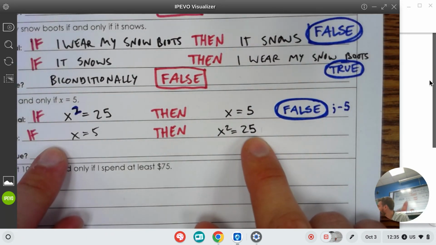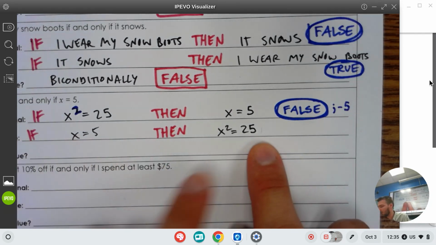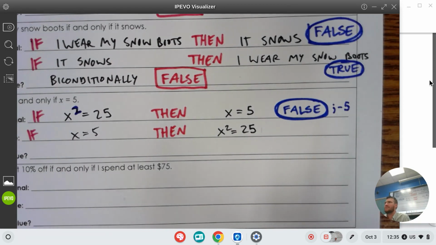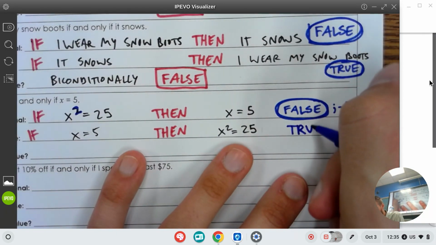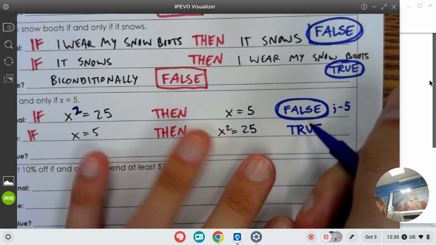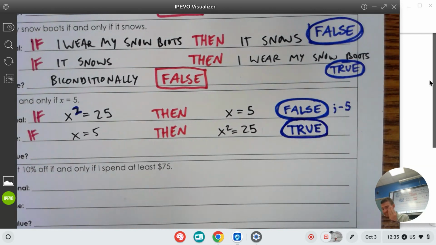Conversely, if x equals 5, then x squared equals 25. What do we think about this one? I think this one's easier. This one's true. If x is 5, x squared is 25. 5 times 5 is 25.